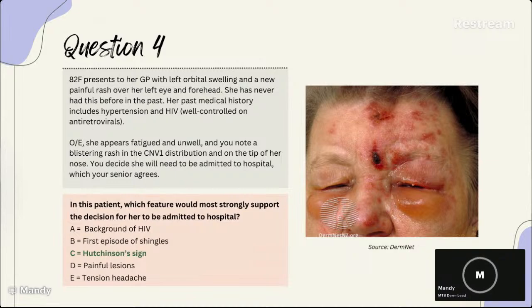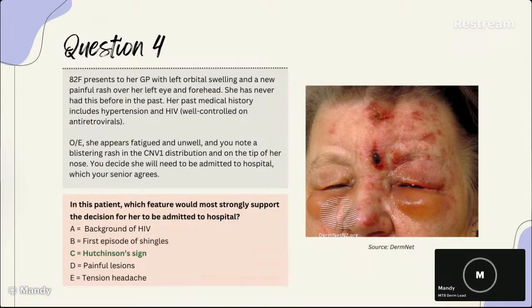Other signs that would make us consider admitting them to hospital would be, for example, eye pain, photophobia and visual impairment. You want to admit them in case of serious complications such as meningitis or encephalitis, especially if you're suspecting those.